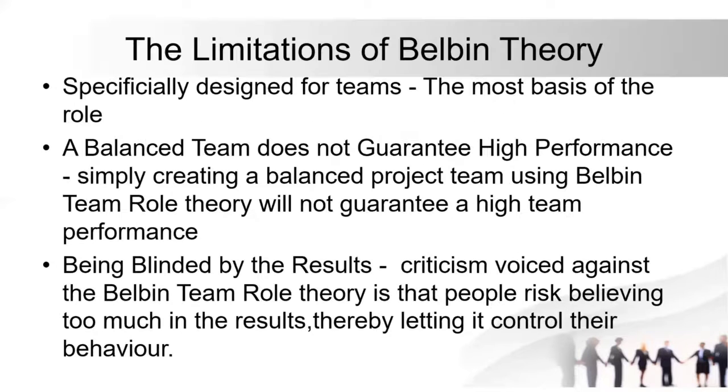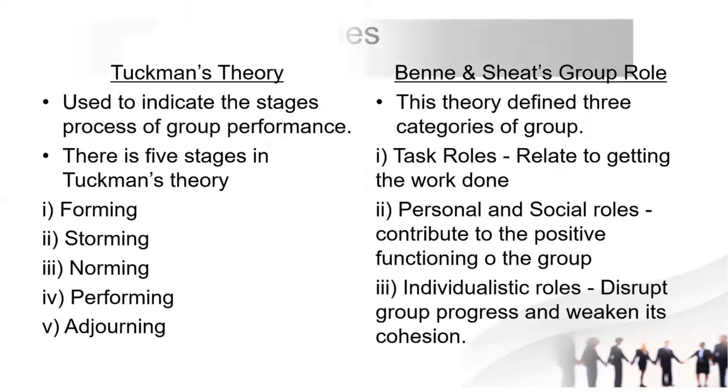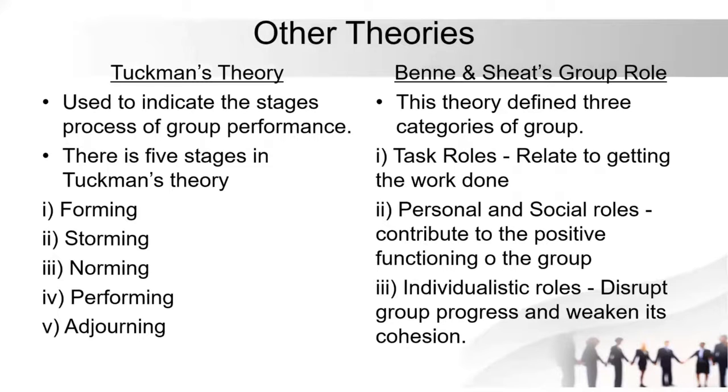For Belbin's theory, it mostly describes the roles of the team members and their behavior. Tuckman's theory is used to indicate the stages of group performance, and of course there are some behavioral standards in each of the stages.